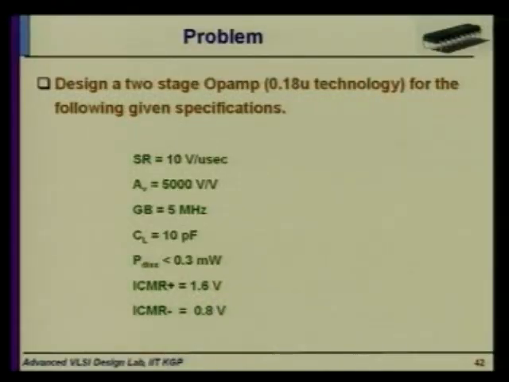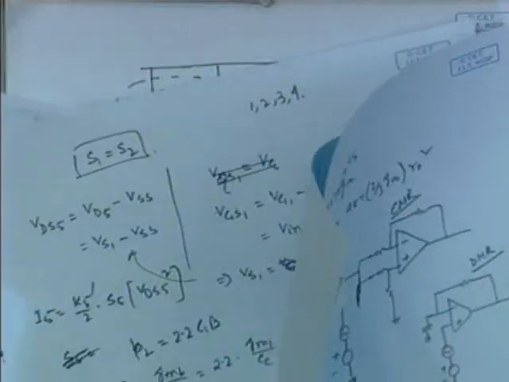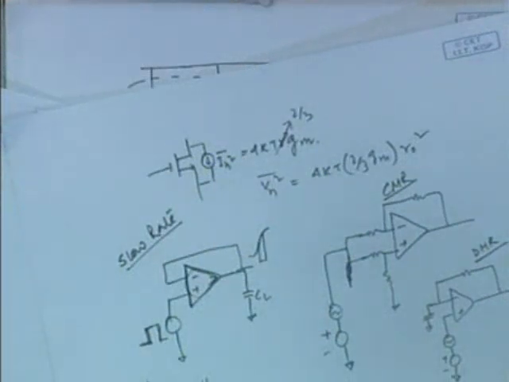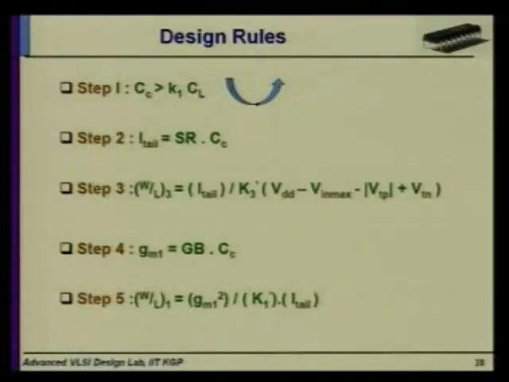But before that, today at least you should be prepared with the W/L values. You need not go through all these steps. I just showed you how the steps come, but you just need to use this formula to find out all these aspect ratios.